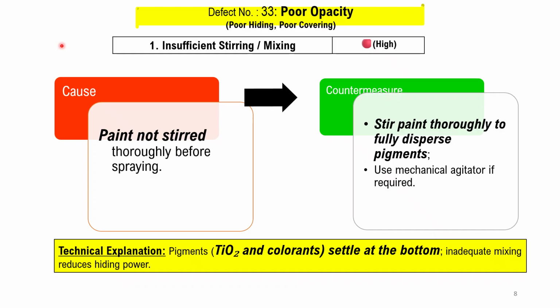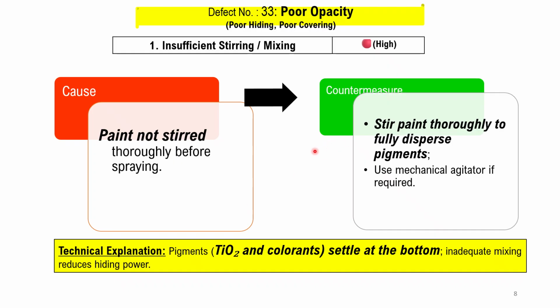The number one cause could be insufficient stirring or improper mixing. That is, paint not stirred thoroughly before spraying. The pigments like titanium oxide and colorants settle at the bottom. Inadequate mixing reduces hiding power.